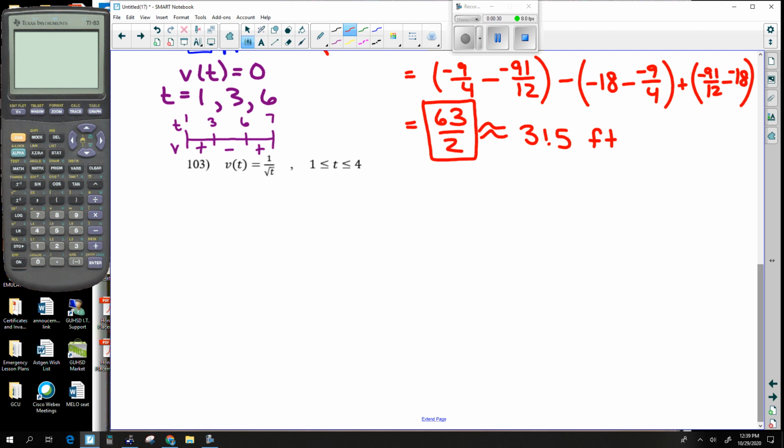Let's go ahead and find the net change. And so the net change in position is an integral of its velocity. All right, so here it's going from 1 to 4. And I'm going to label this in case the reader doesn't know what this means.